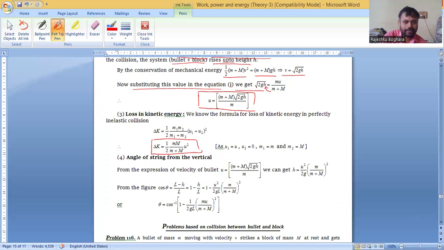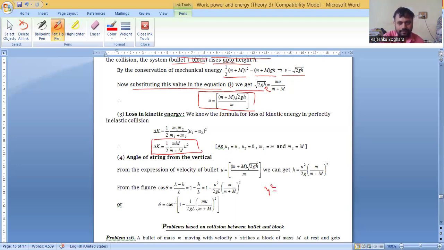L cancels, so 1 minus h by L. Here we take h. In this form, we take the square on both sides, as we have to find h.